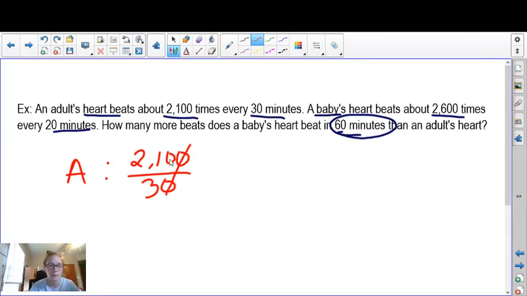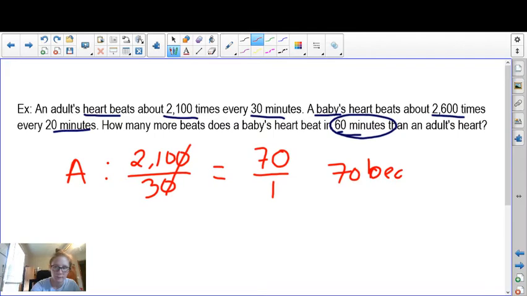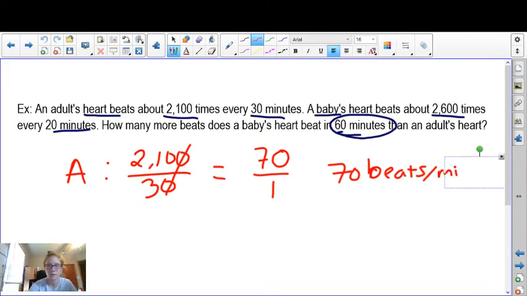Pretend that 0 doesn't exist for a moment. 21 divided by 3 is 7. And then I'm going to bring that 0 back. And I have 70 beats per 1 minute. And typically you see it written as a fraction.